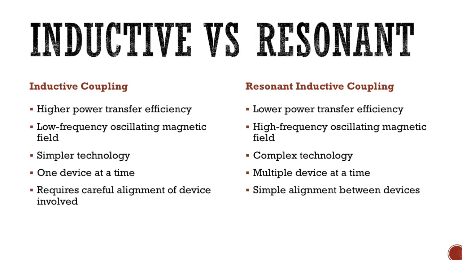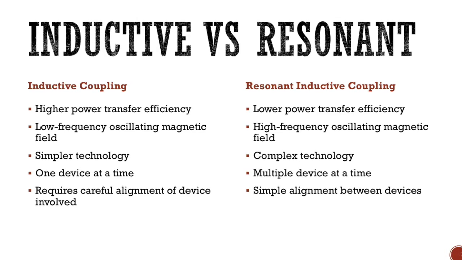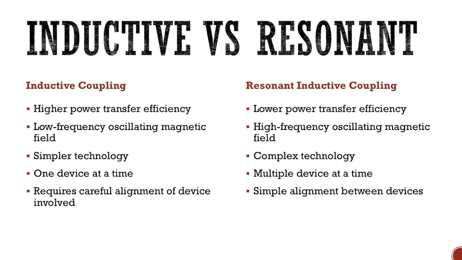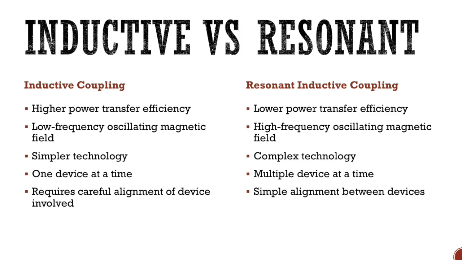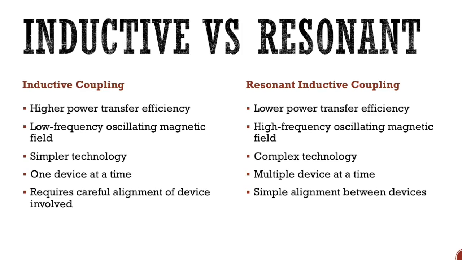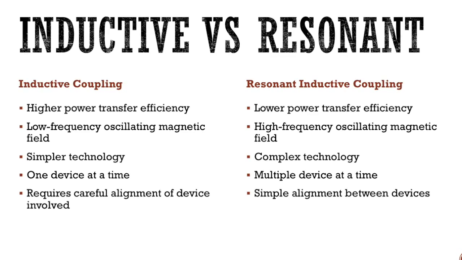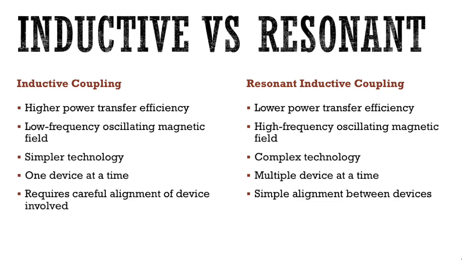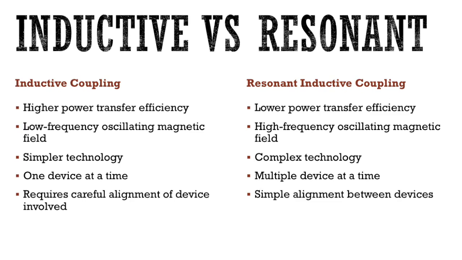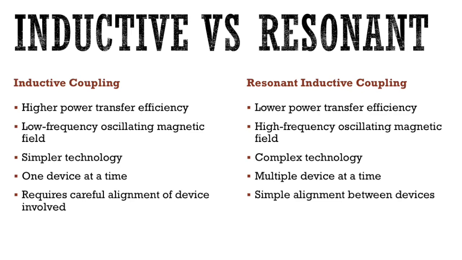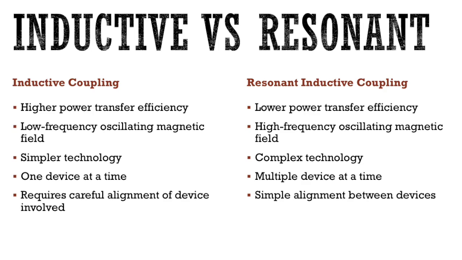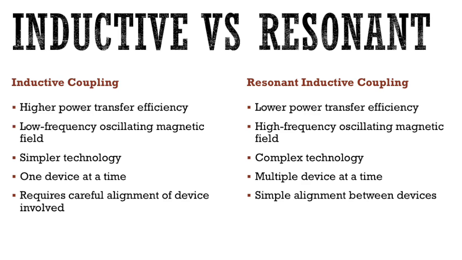Inductive coupling uses simple technology, but resonant uses complex technology. We can use multiple devices at a time for resonant, but only one for inductive coupling. Inductive coupling requires careful alignment of devices involved, but not resonant. That's all for the comparison between inductive versus resonant.